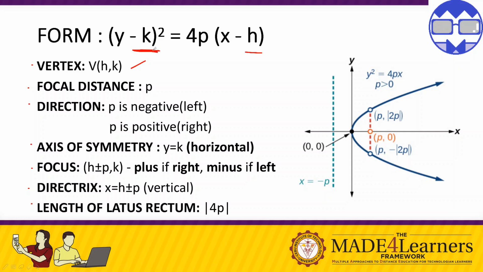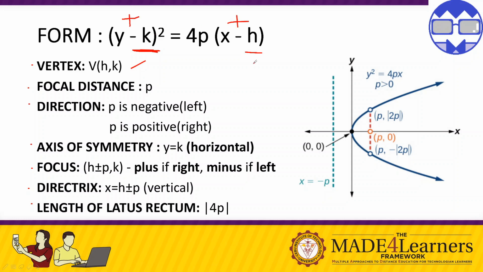Okay, so take note that the standard form has the operation of subtraction. So whenever this is minus, the values of h and k are just positive. However, if this is plus, what happens?